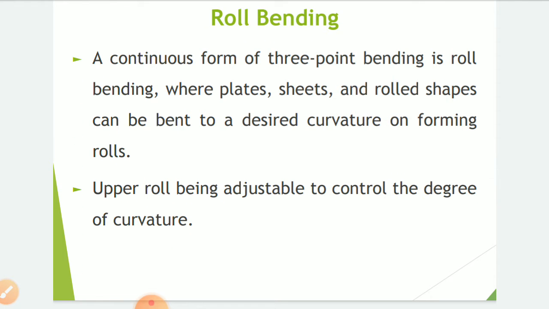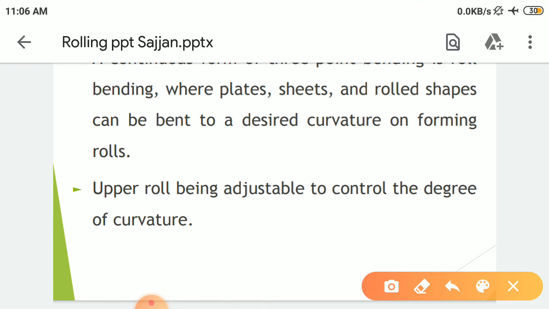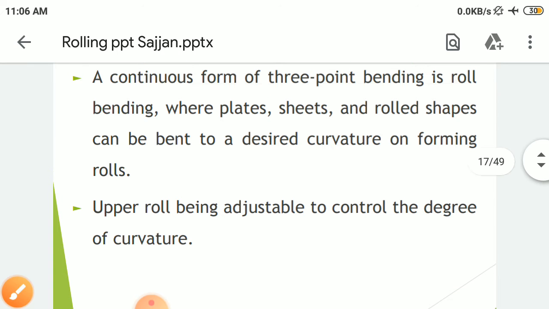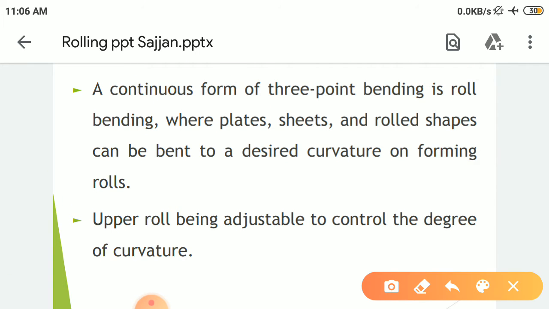Now look at roll bending. In this case, by using the rollers, we will bend the product. So a total of 3 rollers will be required. 2 rollers will support the product or sheet on one side, and another roller will support it on the other side. So a total of 3 bending rollers will be required.